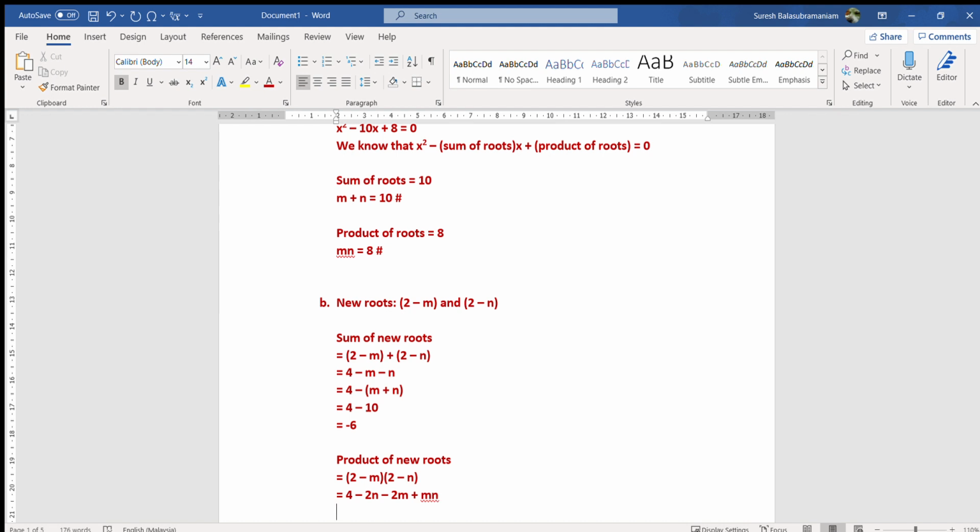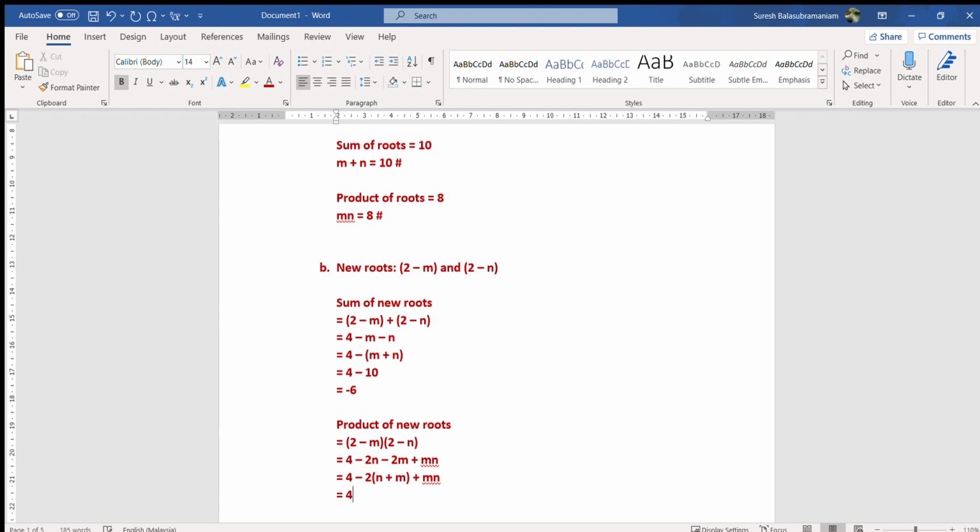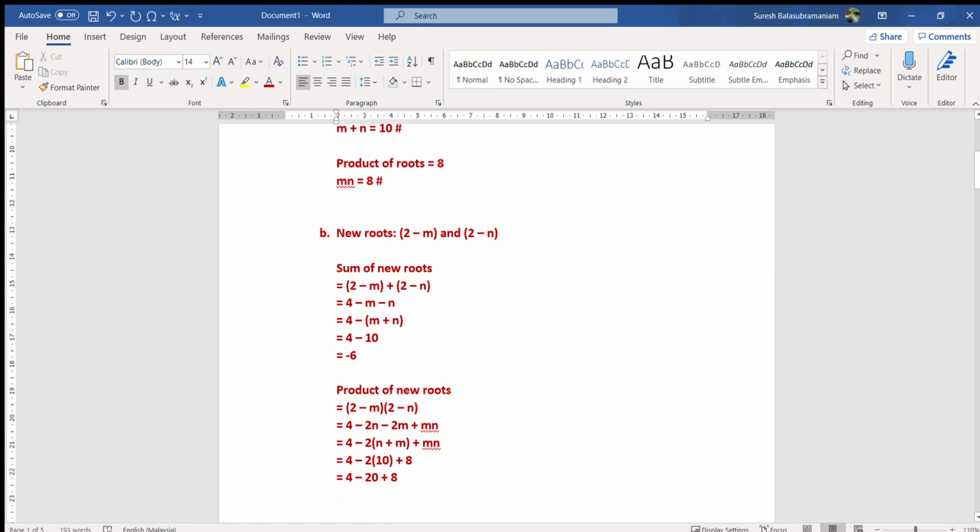I can rearrange this a little to make the replacement easier: 4 minus 2, I will factor the negative 2 out, so I have n plus m, plus mn. n plus m is equal to m plus n, which we know is 10, so we can replace it with 10. And mn is 8, so we replace it with 8. So 4 minus 20 plus 8. 4 minus 20 is negative 16. Negative 16 plus 8 is negative 8.